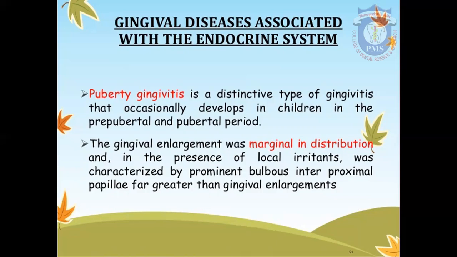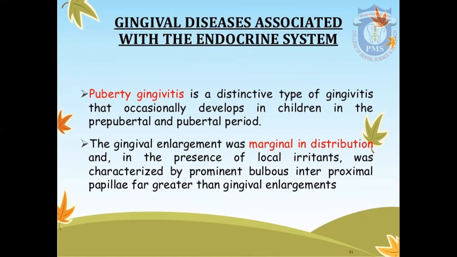The relationship between elevated levels of circulating sex hormones and prevalence of gingivitis in puberty is strengthened by the observation that during adolescence, gingivitis peaks earlier in girls, around 11 to 13 years, than in boys, around 13 to 14 years.